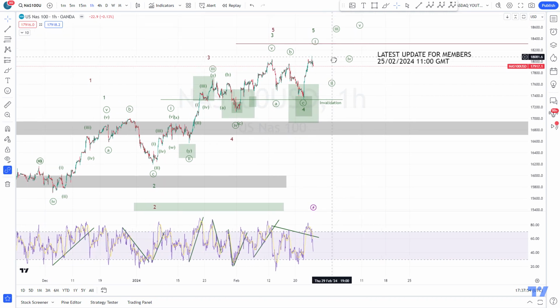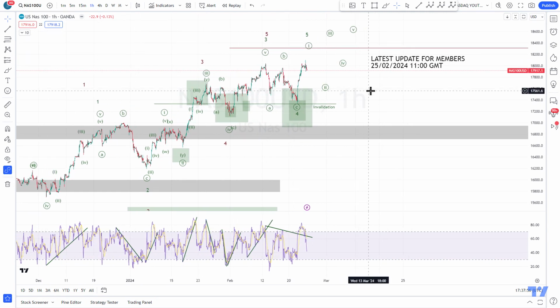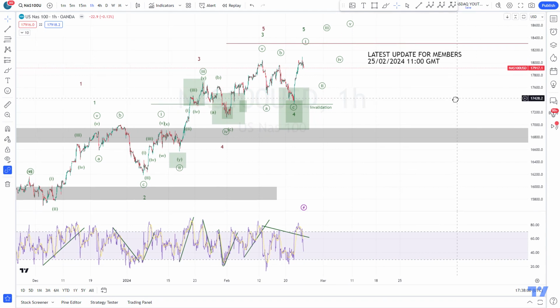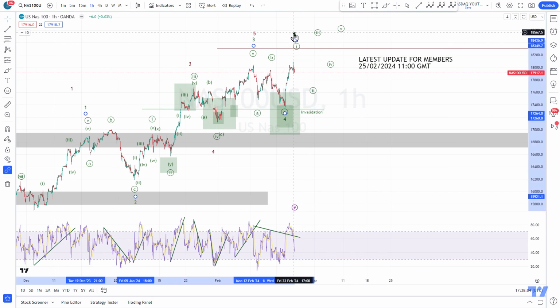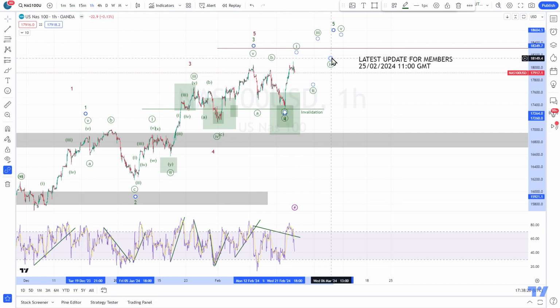Now, in the lower time frame, let's go through some scenarios. So, like I said, this can be our fifth wave, but then our fifth wave would be quite short compared to our wave 3, compared to our wave 1. So I would expect again something like 5 waves up, 1, 2, 3, 4, 5.